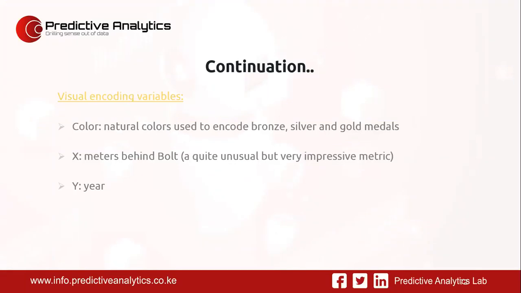So there was color, and then there was X and Y. Some of the encoding variables, I didn't put them there. I just didn't want to create a confusion. But there was a combination of color, and then X and Y, X being meters behind the Bolt, and then Y being the year.